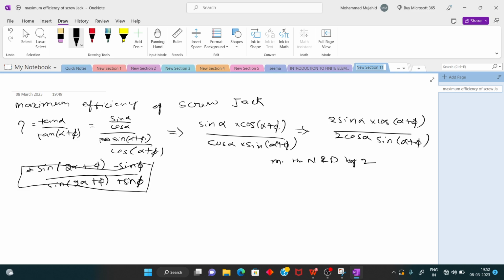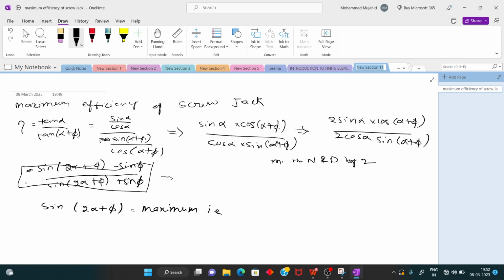The efficiency from this equation is going to be maximum when sine of 2 alpha plus phi is maximum.